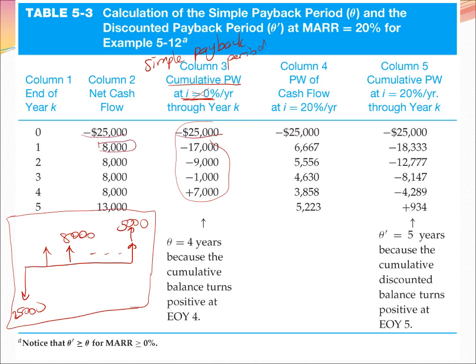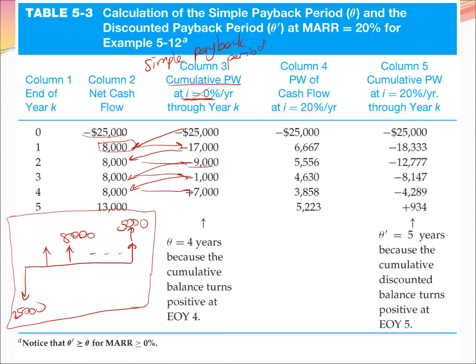Then we have 8,000 revenue. So minus 25,000 plus 8,000 makes minus 17,000. Minus 17,000 plus 8,000, minus 9,000. Plus 8,000, minus 1,000. Plus 8,000, plus 7,000.